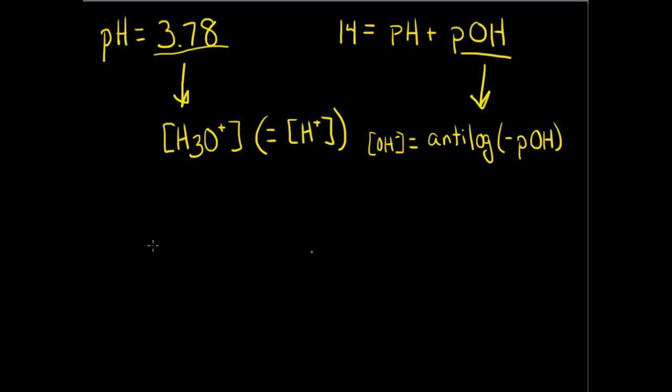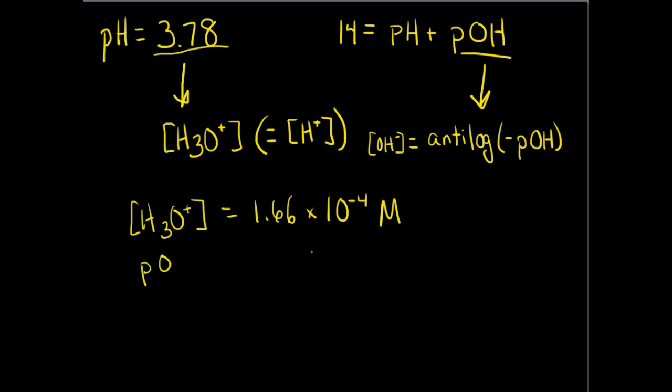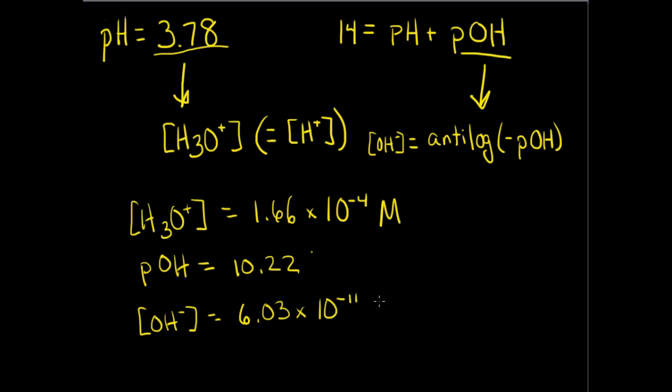Just to give you some help, our hydronium ion concentration, H3O+, is 1.66 times 10 to the minus 4th molar. The pOH, I shouldn't have to tell you this one, is 10.22, and our hydroxide ion concentration is 6.03 times 10 to the minus 11th molar. Use your formulas, make sure you work those out and get the same correct answer.